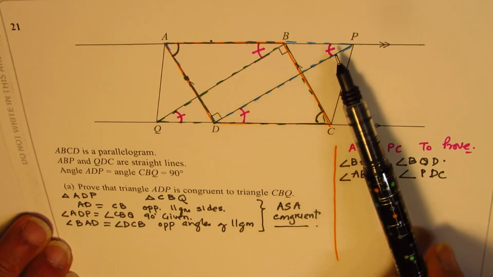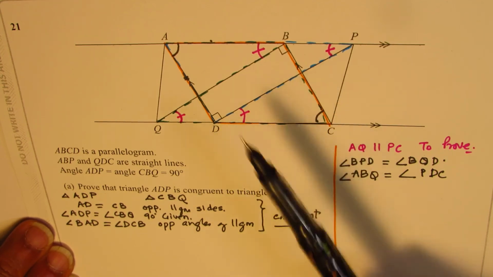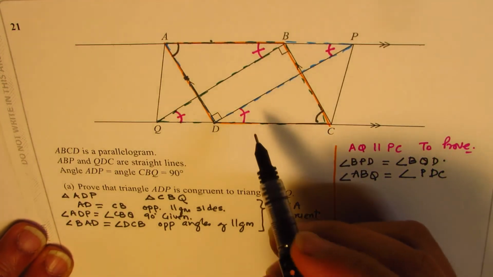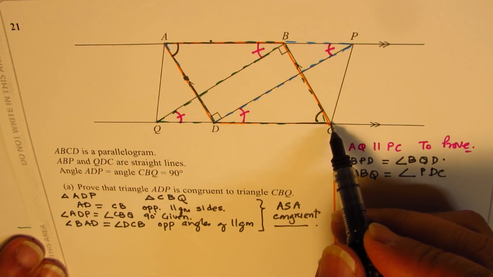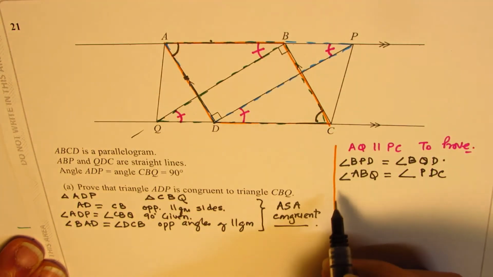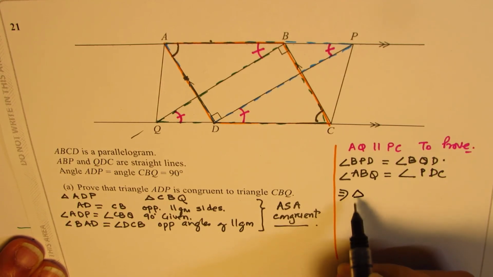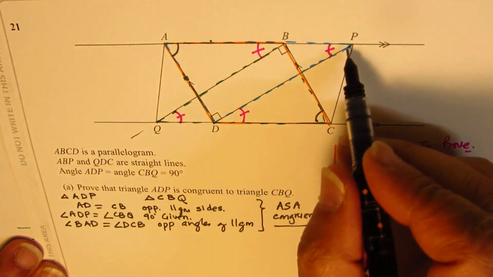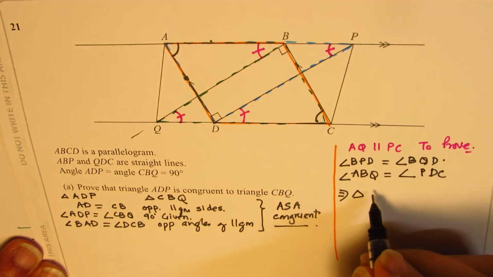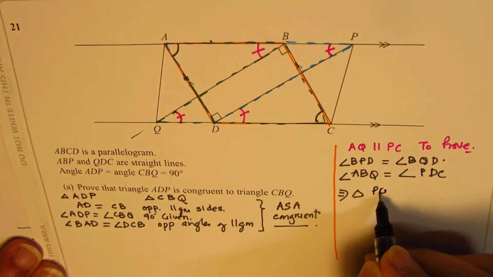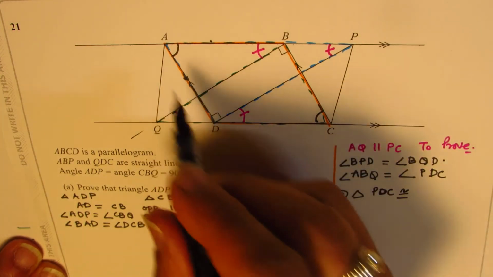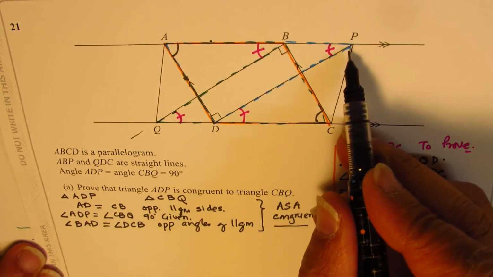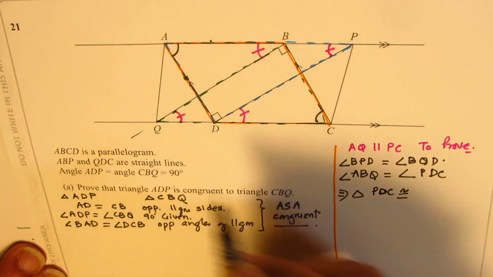Now, if you look into these triangles again, from here we can show that the triangle BDC is also congruent to triangle ABQ. So that implies that triangle, let me write like this, PDC is congruent to the triangle BAQ.